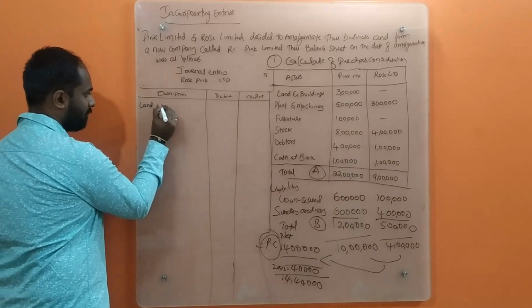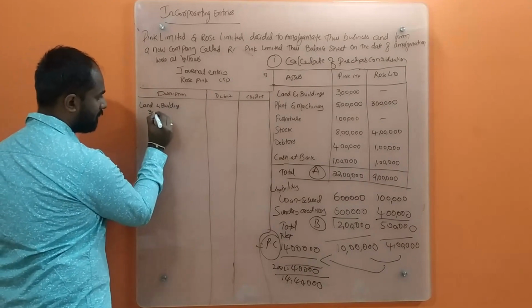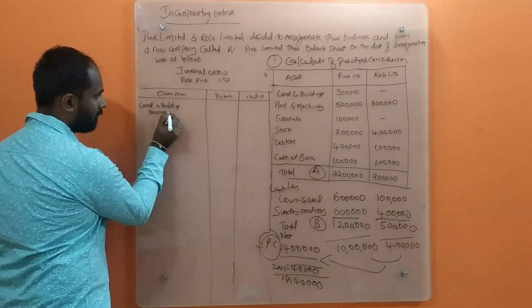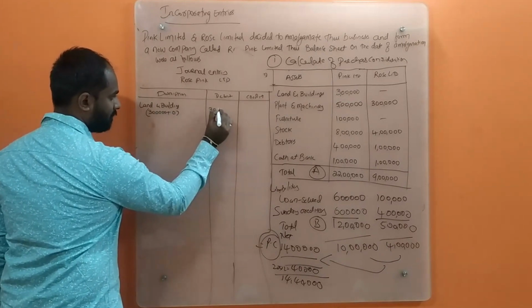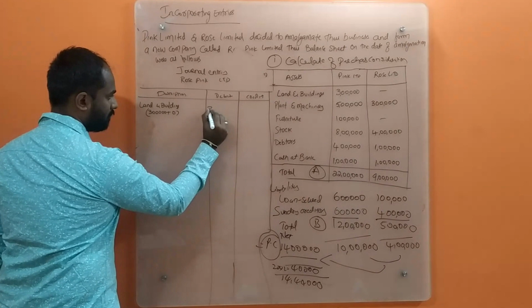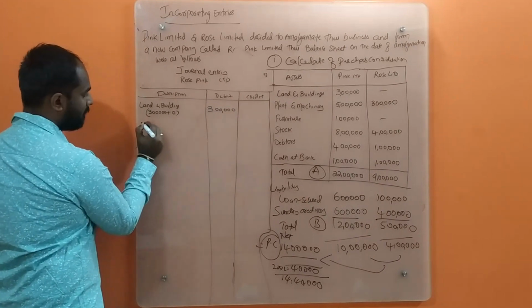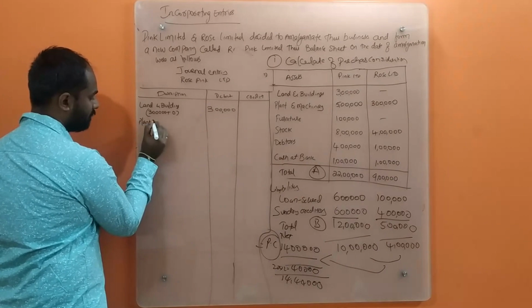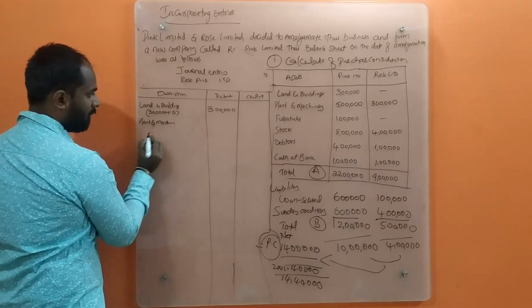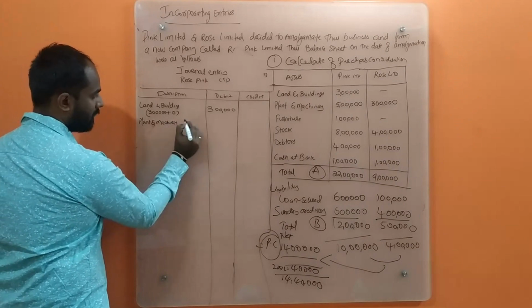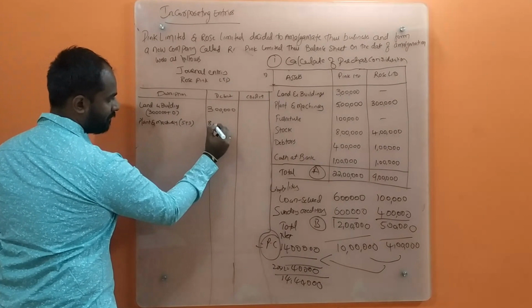Land and building, how much? 3 lakh plus 0, so 3 lakh rupees. Second item, plant and machinery, how much? 5 plus 3, 8 lakh.